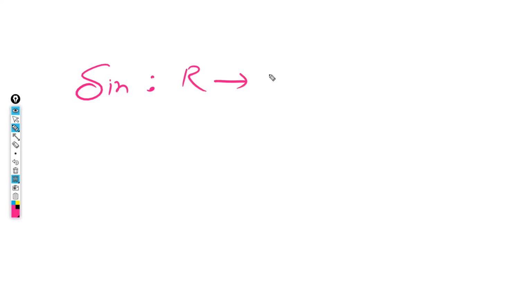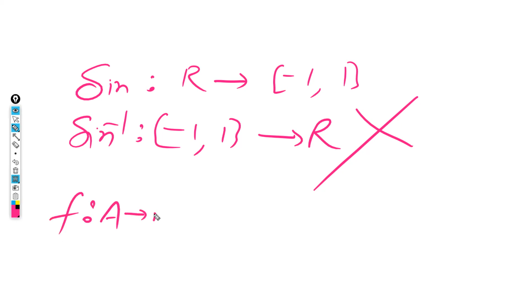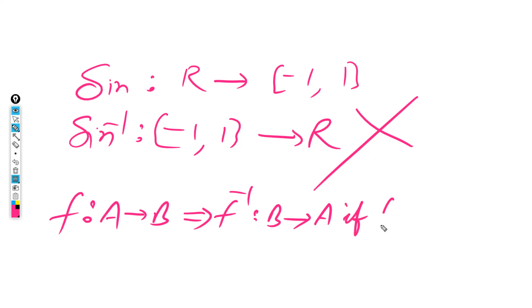Then sin inverse must map from [-1, 1] to R, which is wrong. Why is it wrong? The definition of inverse: f maps A to B implies f inverse maps B to A is possible if f is a bijection. Again, I'm asking you, what is a bijection, please?